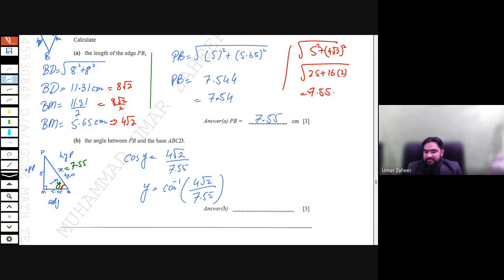What is the final answer? 41.47, 41.4743. So if you round off, it will be 41.47. It is my final answer, so I can round off.